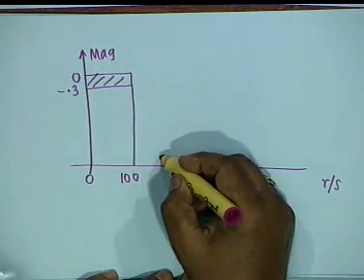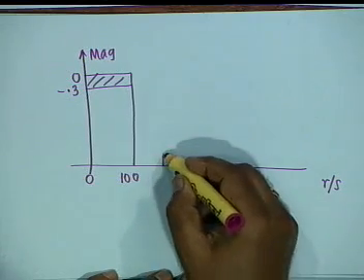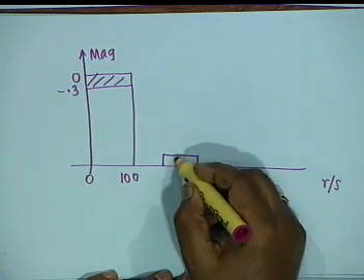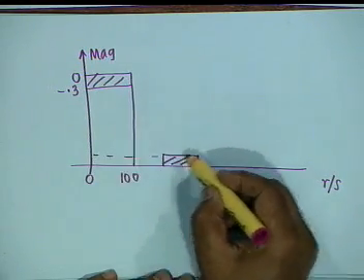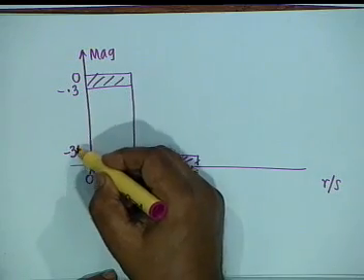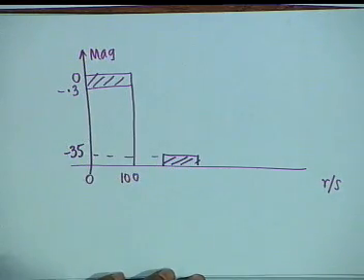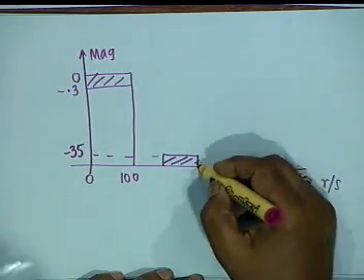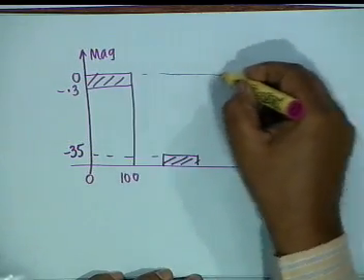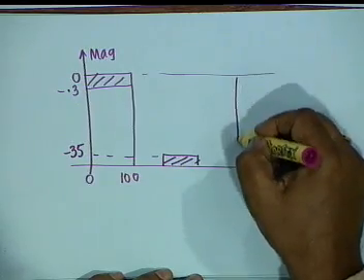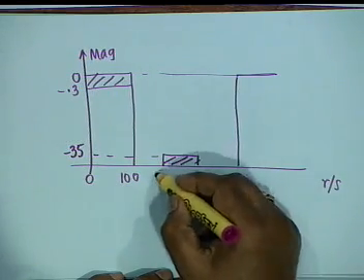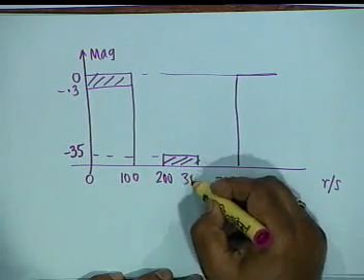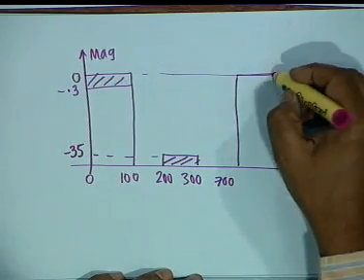And from 200 to 300, this is not to scale, the attenuation must be at least 35 decibel. Then the other pass band, fortunately the tolerances are the same, 700 to 1500.